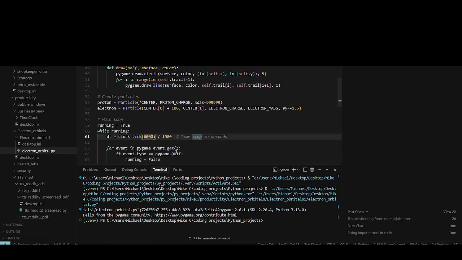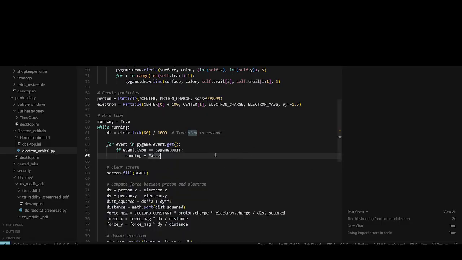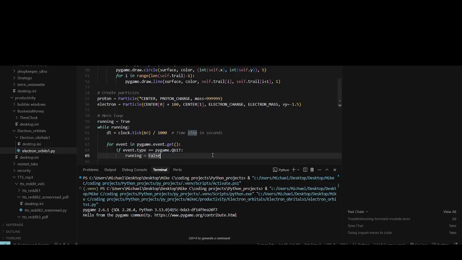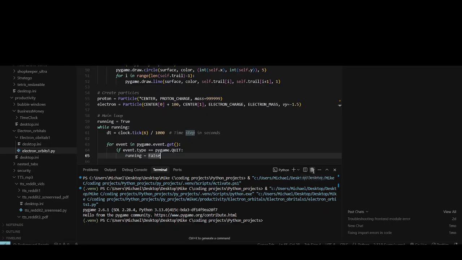I don't think that did it. Clock tick. What if we erase some zeros? Okay. Let's try that. Nope, that's not doing anything. Okay. I don't know why it's not working.